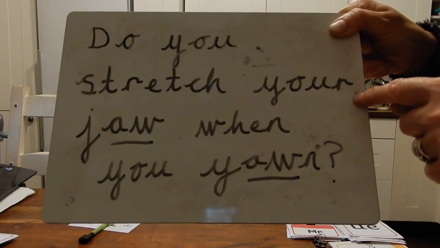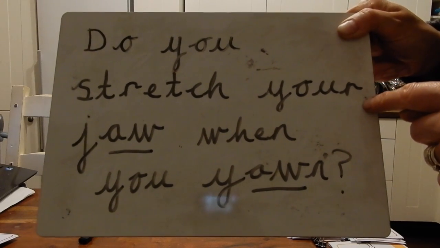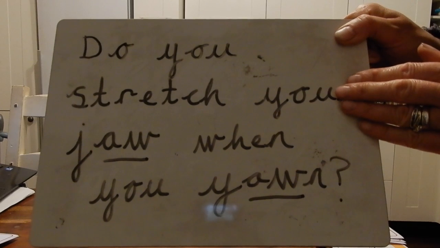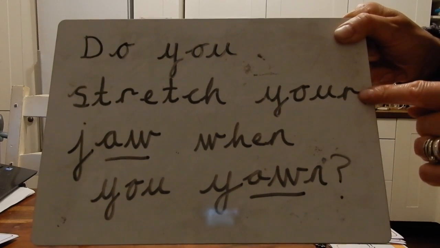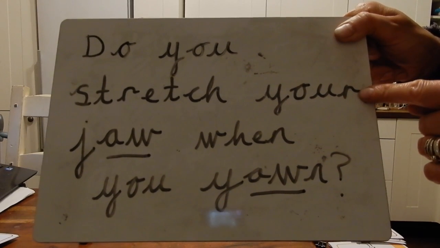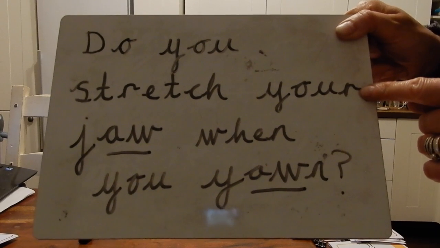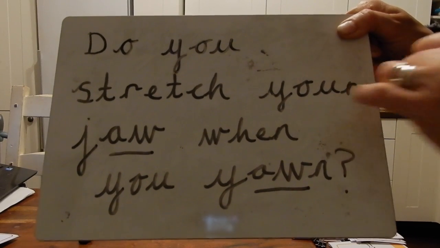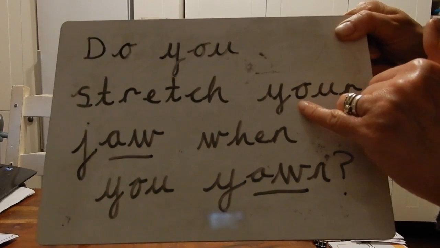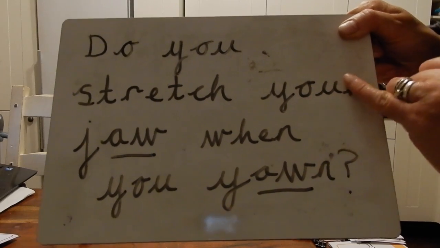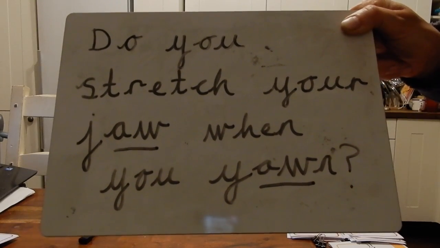I'm not sure if you're quite familiar with this as a common exception word, your. So it looks like you, but it has a r on the end, and that is how we write your, okay? So you can hear an or sound within that, but this time it's common exception word, so it is tricky. So it's made like you, but with a r on the end, and that is your.